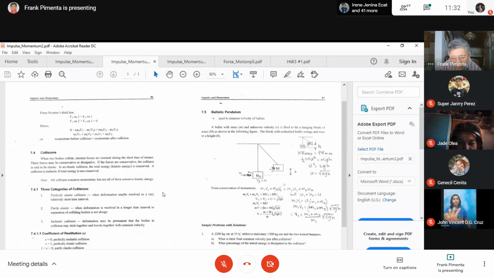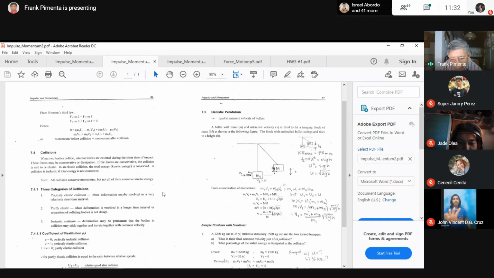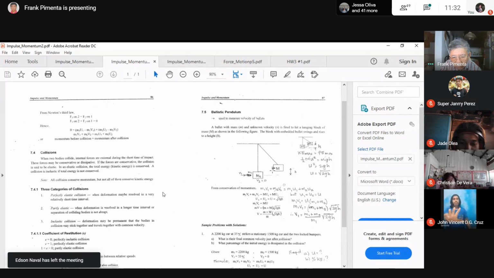Since the bullet is inside the block, they have a common velocity, that is capital U, or u1 equals u2 equals U. U is the common final velocity.